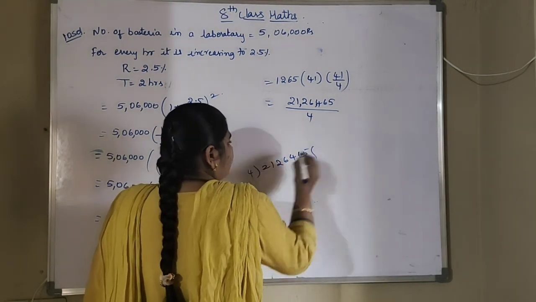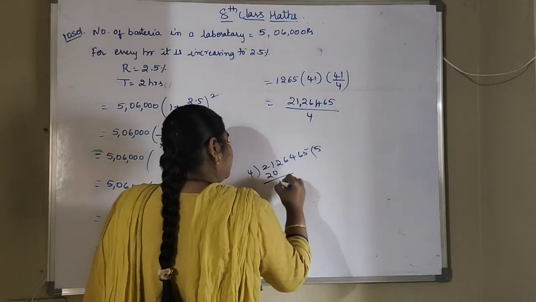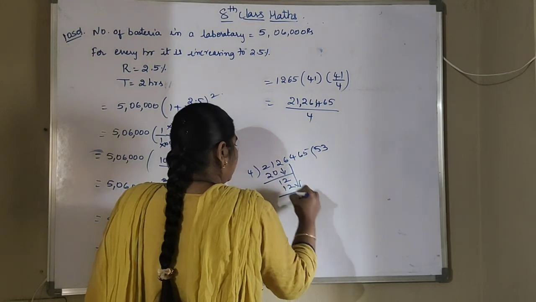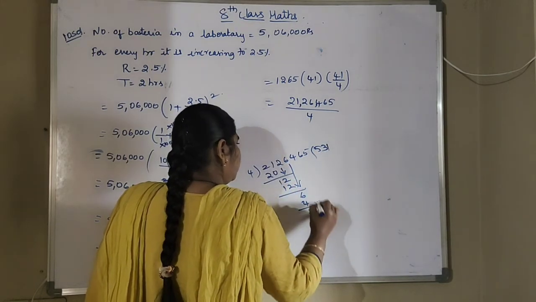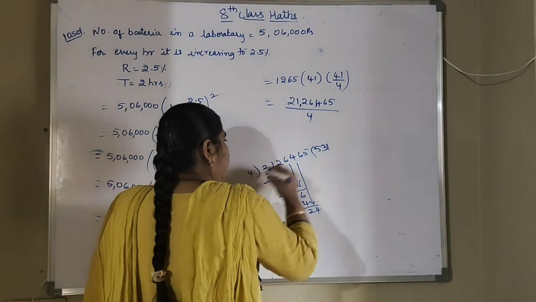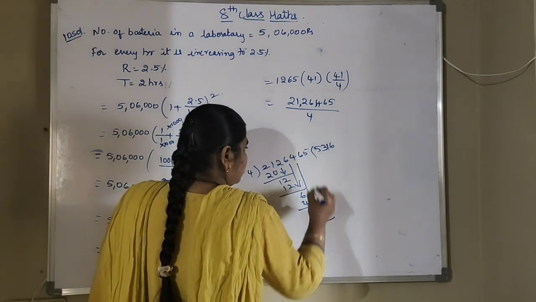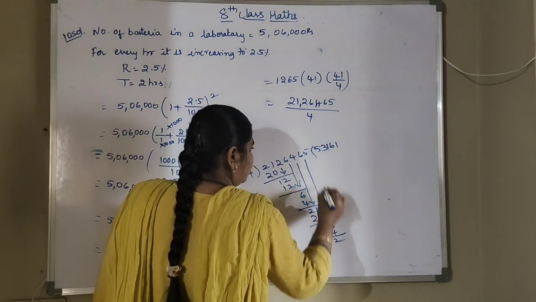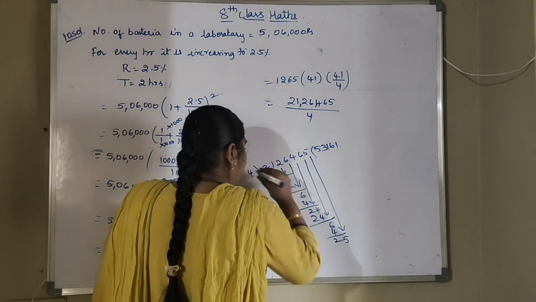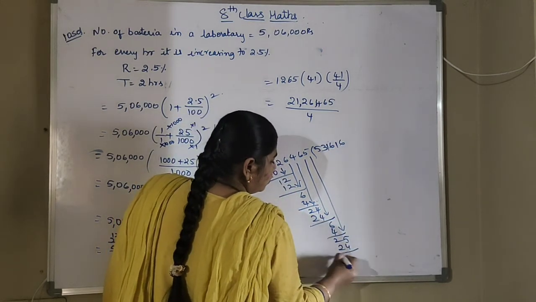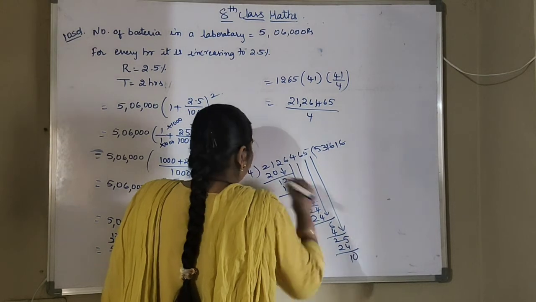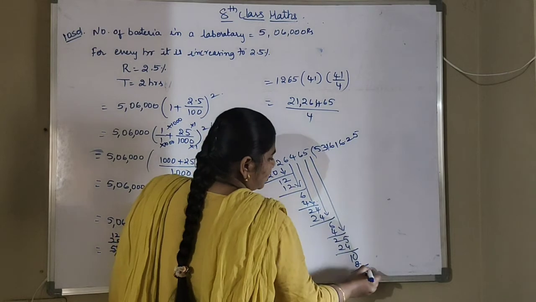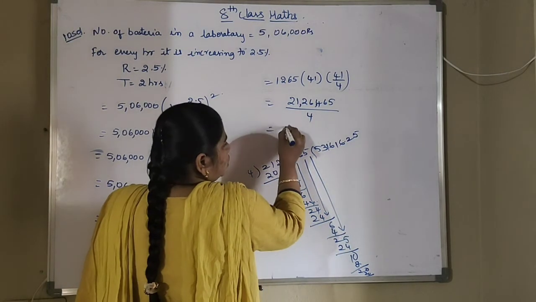So 4 5s are 20, 4 3s are 12, 4 1s are 4, 4 6s are 24, 4 1s are 4, 4 6s are 24, 4 2s are 8, 4 5s are 20. So how much did you get?